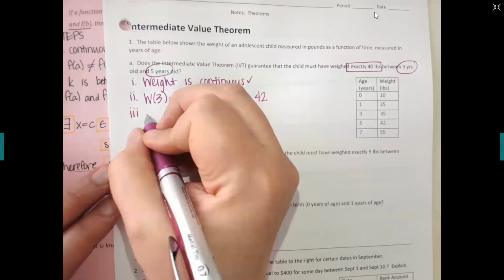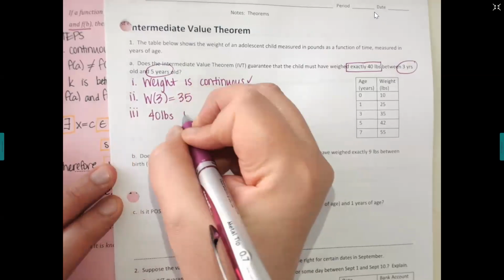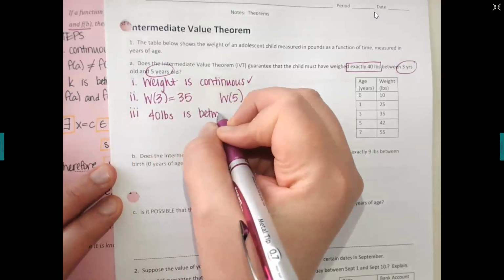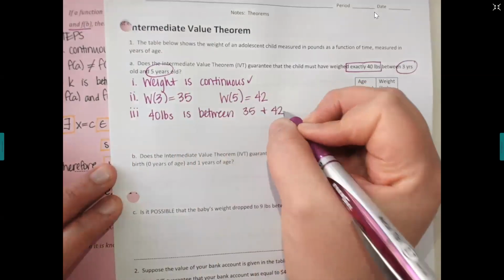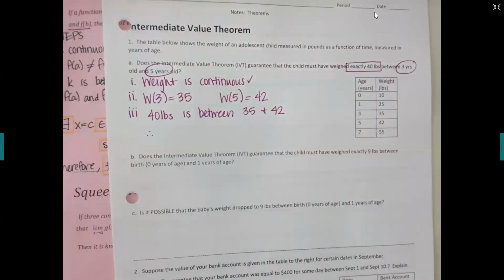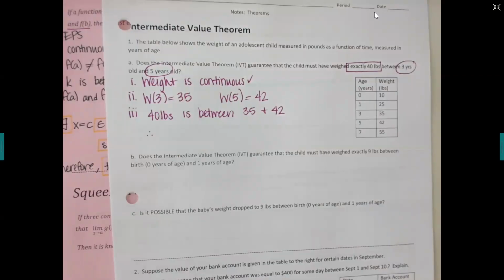Then you would say 40 pounds is between 35 and 42, therefore IVT does guarantee that my baby can't go from 35 to 42 pounds if it doesn't hit 40 on the way up. Does that make sense? Just as a concept?